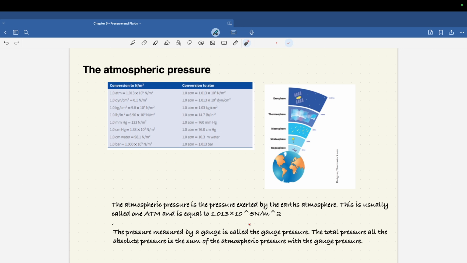So if you want to get the total pressure, we got to add the atmospheric pressure to the gauge pressure. Let me say that again. To get the total pressure, you got to add the atmospheric pressure to the gauge pressure. Now the total pressure is sometimes called the absolute pressure. So it's either the total pressure or the absolute pressure.